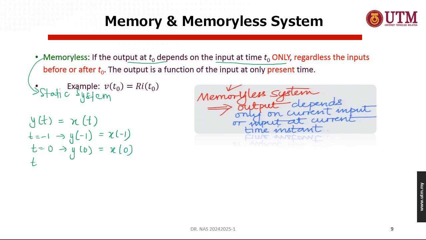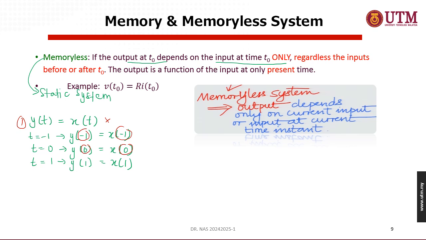And if we try a positive value, t equals 1, y(1) equals x(1). So we can see that all output states only depend on the same t values. There are no future or past values, so this is a memoryless system.